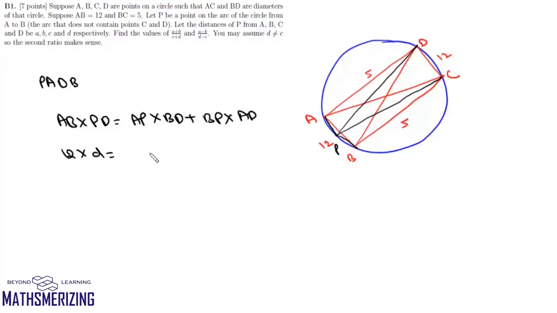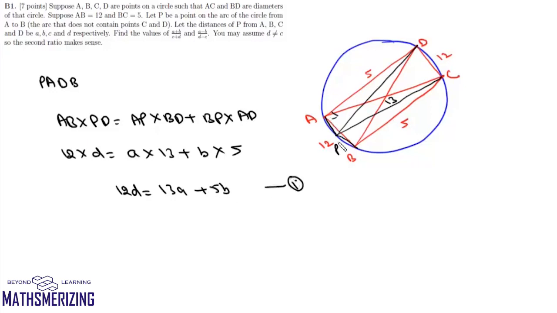PD is D, AP is A, BD is the diameter of the circle. So this is 12, this is 5. So BD will be simply 13. So it will be A into 13 plus BP is small b into AD, and AD is 5. So we get this first equation, which is 12D, and it will be equal to 13A plus 5B.